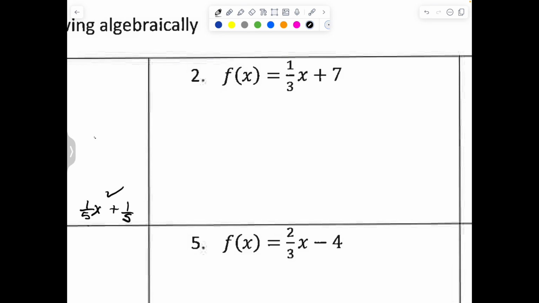Okay? So in problem number 2, we're going to do the same thing. It is a linear function, so I know that it's 1-to-1, and I'm going to start by doing my steps. I'm going to change f of x to y. And then I'm going to exchange my x and my y values.